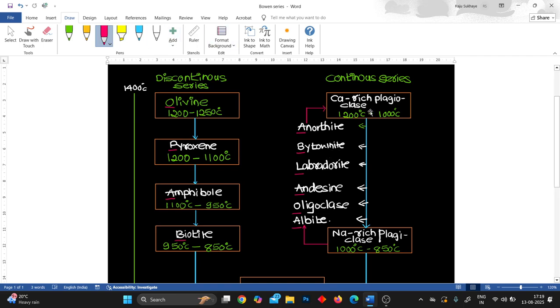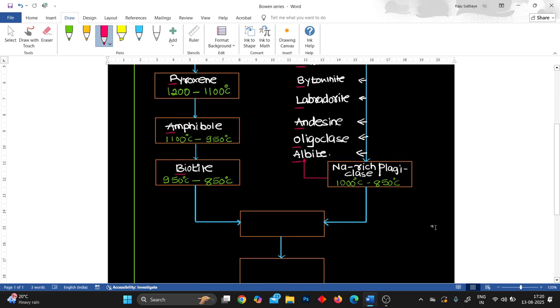This is your continuous series and this is your discontinuous series. We have discussed why this is known as continuous series and why this is known as discontinuous series. These two series come and meet at a particular point.